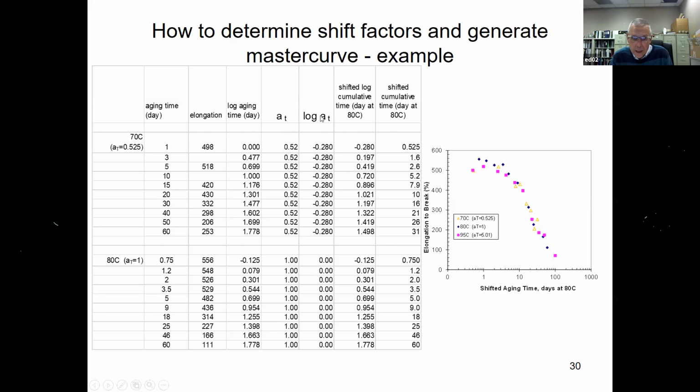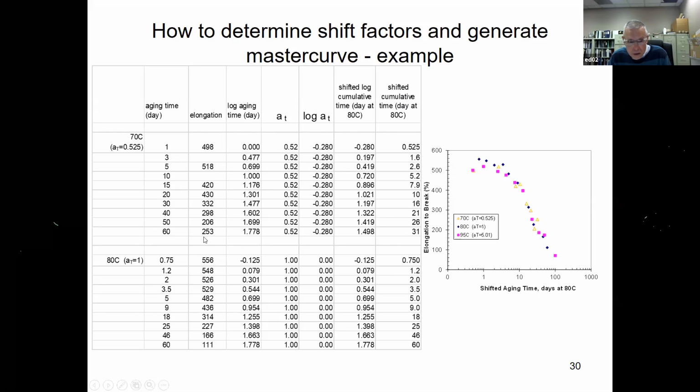But adding logs is the same as multiplying times the shift factor. So we take the log of the shift factor, and then we add the log of the aging time to the log of the shift factor, and get the log of the shifted time, and then we take the anti-log.